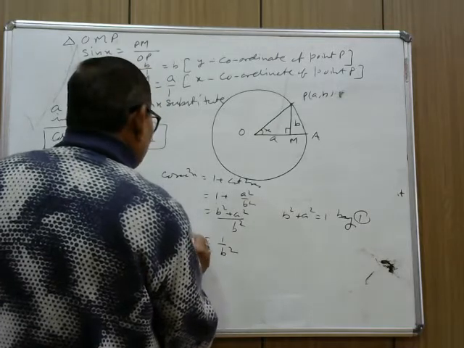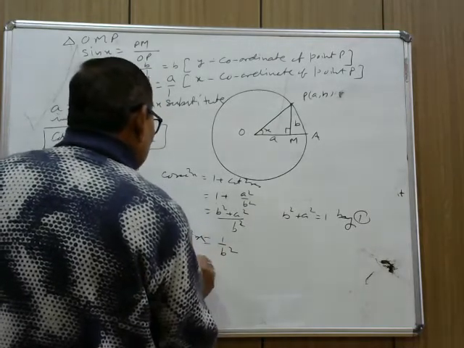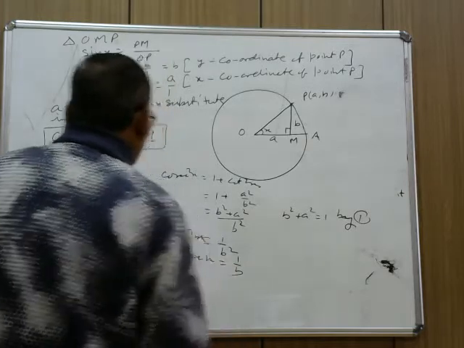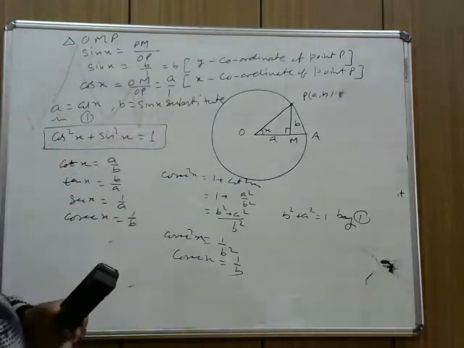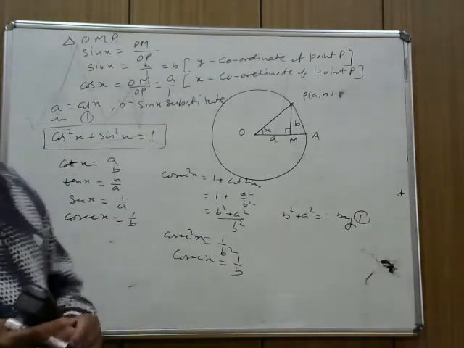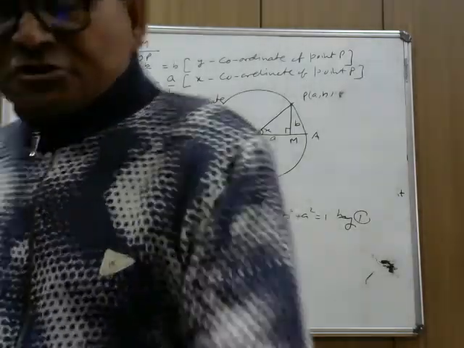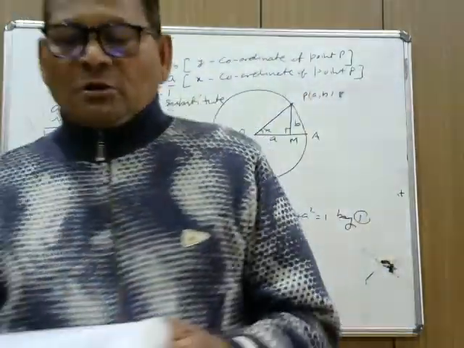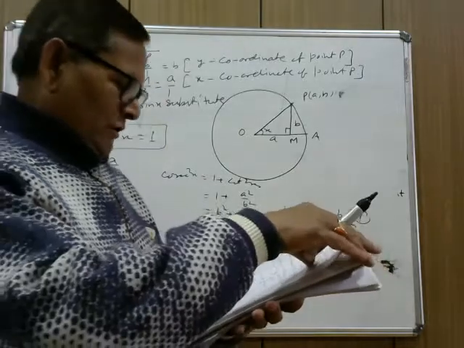So cosec square x is 1 by b square, hence cosec x is 1 by b. You can verify that by the formula also. So now this is the explanation of trigonometric functions by using a unit circle.